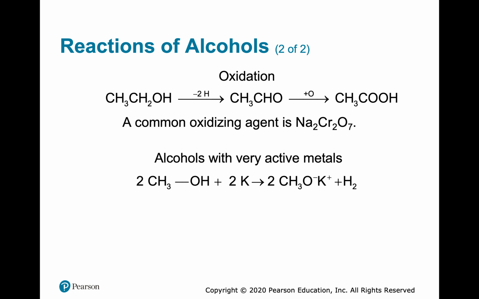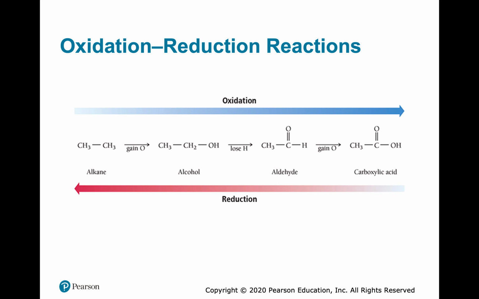So if you really need a solvent that has a very, very strong electron donor, you can use methanol, then throw some alkali metal in it and form the methoxy ion. So even stronger than hydroxide as far as a base.